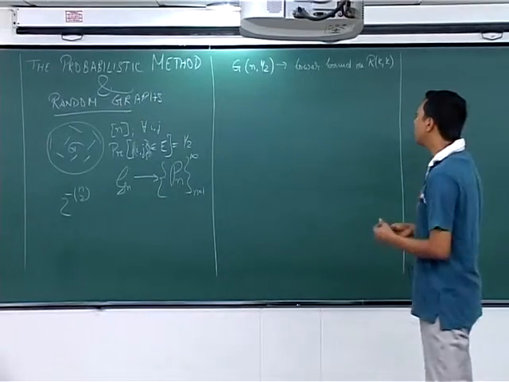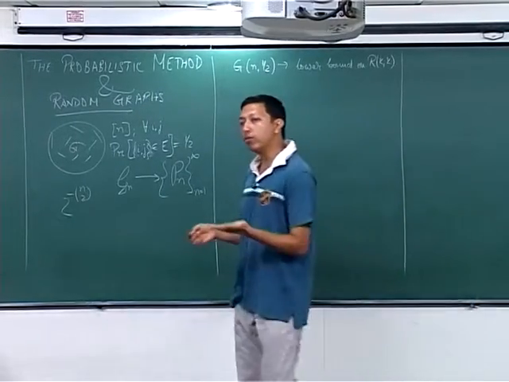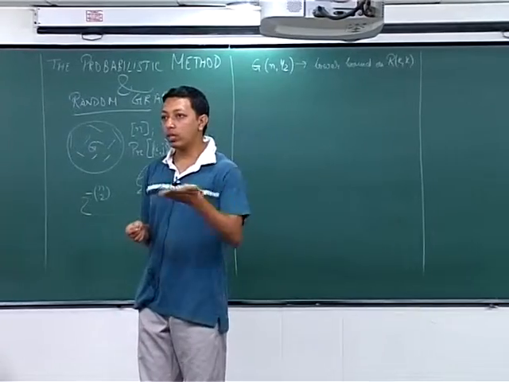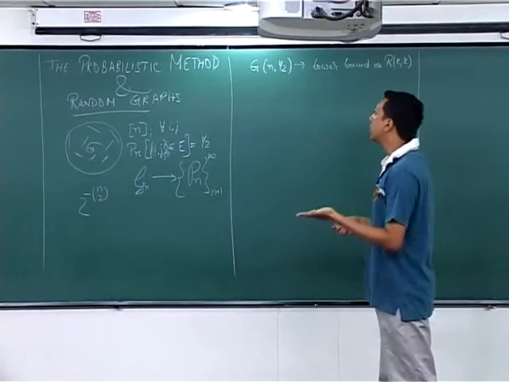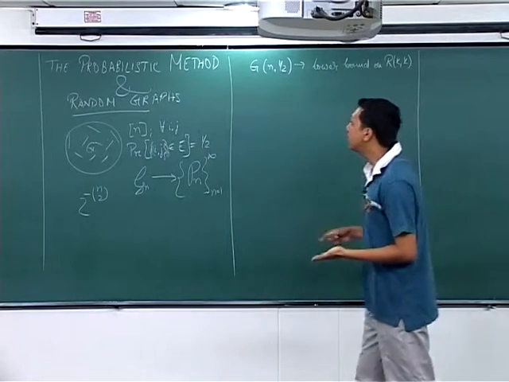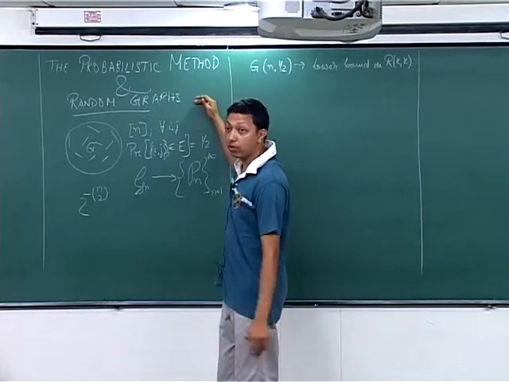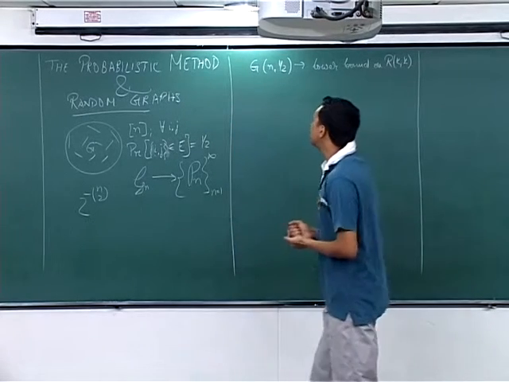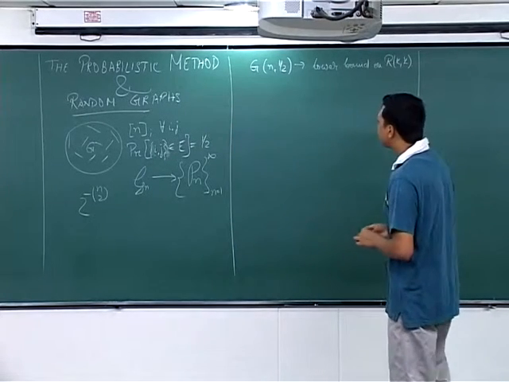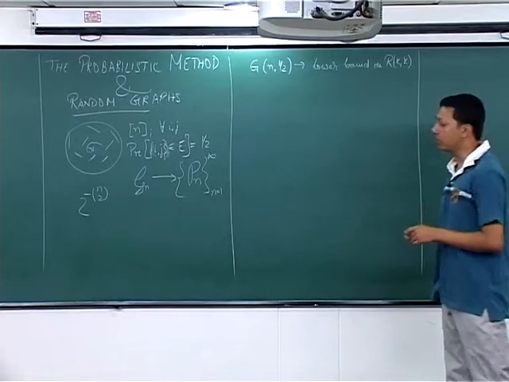Okay, you want to say something like there exists a graph which satisfies so many good properties, and you show that by showing that there is a random graph which satisfies the properties that you want. Okay, so that's one of the uses.